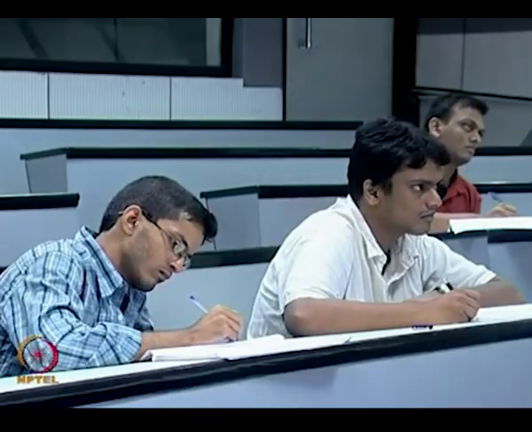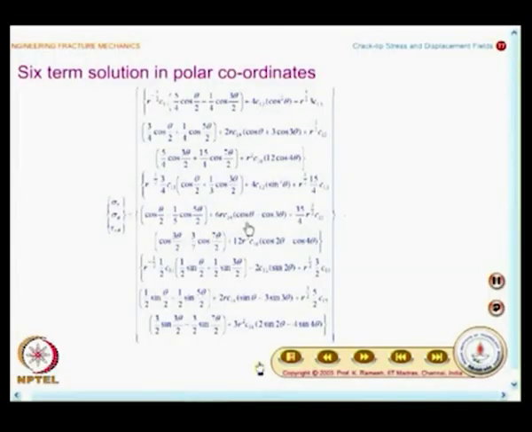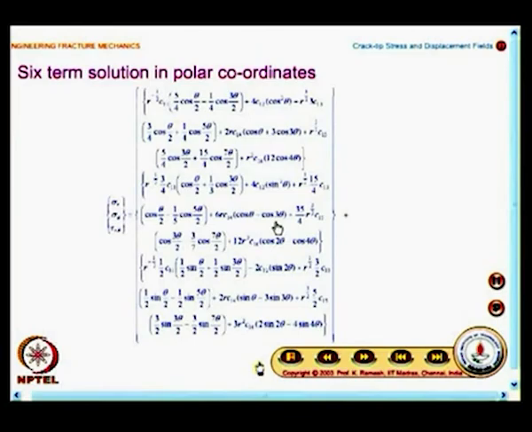The next term is 6 r C14 cos theta minus cos 3 theta plus 35 by 4 r power 3 by 2 C15 multiplied by cos 3 theta by 2 minus 3 by 7 cos 7 theta by 2 plus 12 r squared C16 cos 2 theta minus cos 4 theta. So, this is for sigma theta.